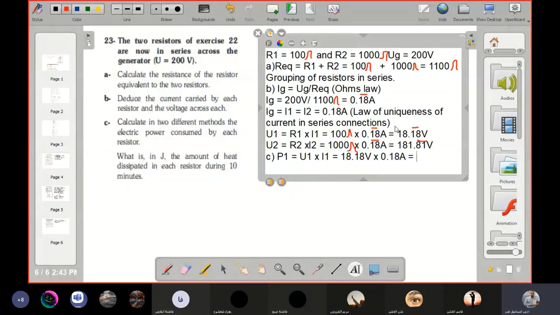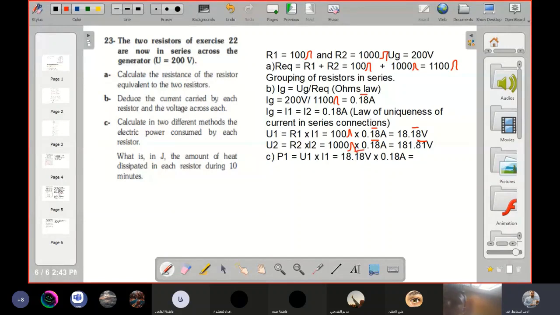The answer will be, let me put the bars, 18.18 and 0.18.